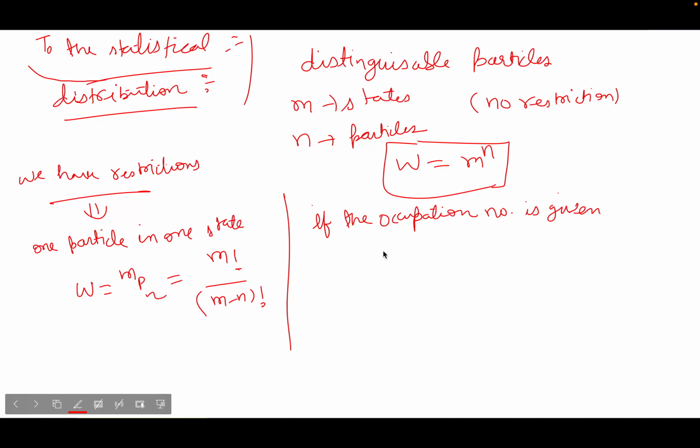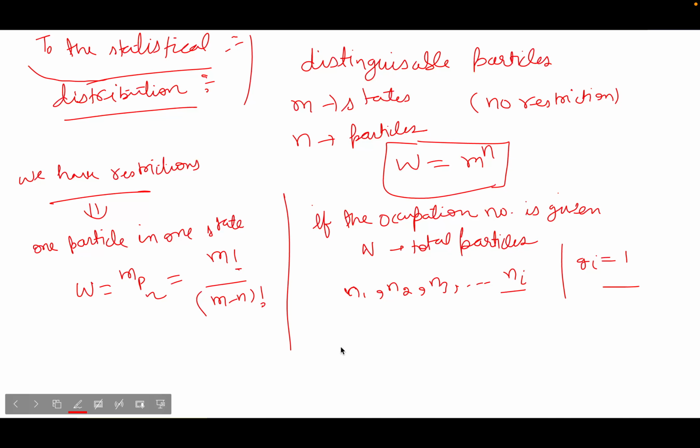So now if the occupation number is given, what then? Let's say there are n total particles, and there are n1 in the first state, n2 in the second, n3 in the third, and ni in the ith state. So what will be the distribution? And let's say the degeneracy gi for all is 1.